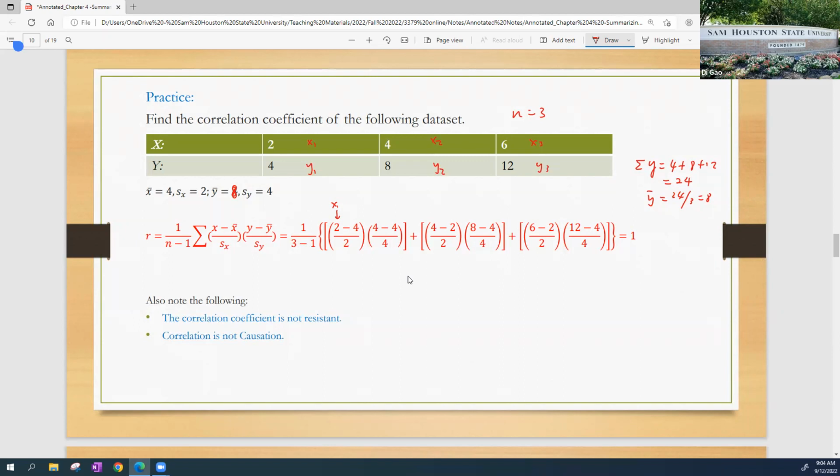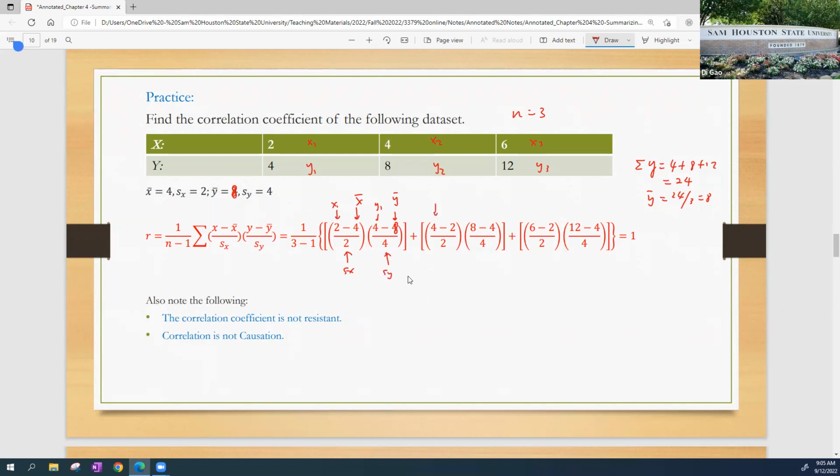That's x1, and 4 is x bar, over sx. And that's y1, minus y bar, that's 8, over sy.